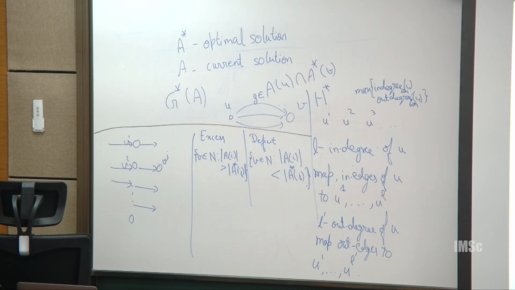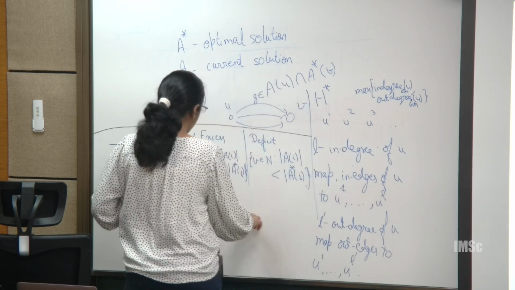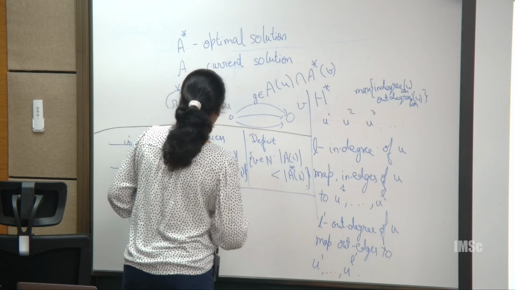What about the sink vertex? It is deficient. Okay. So, at least now I know that when I am doing reallocation, I am giving away from the excess vertex and giving something to the deficient vertex, right. This part is okay, right.